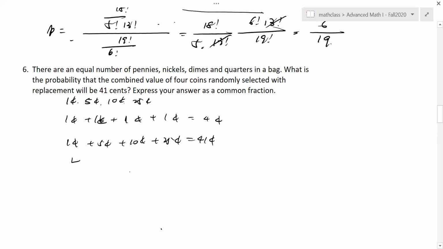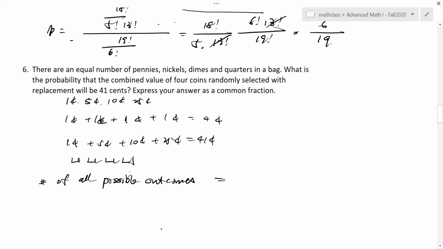So if you write down 4 numbers, those numbers must be either 1, 5, 10, or 25. How many possible outcomes?